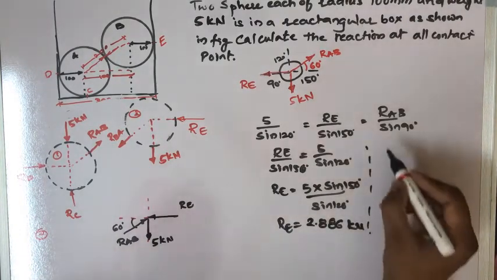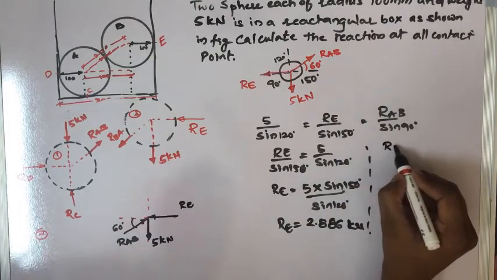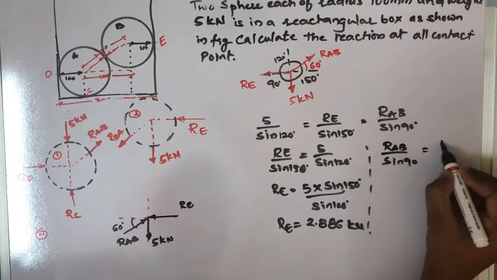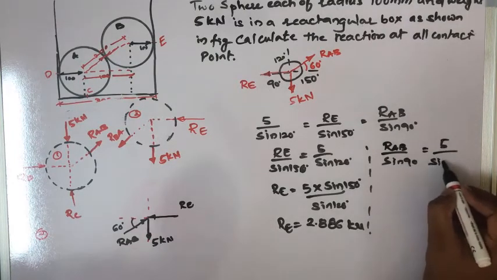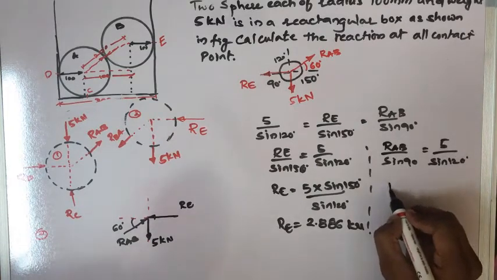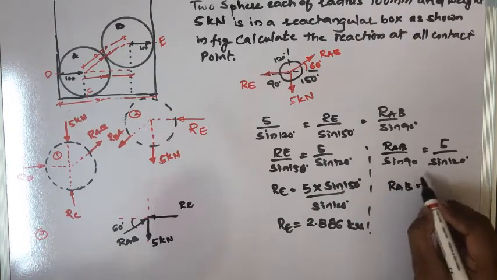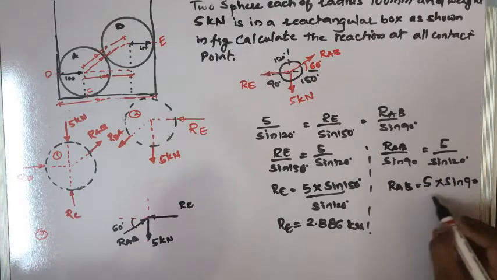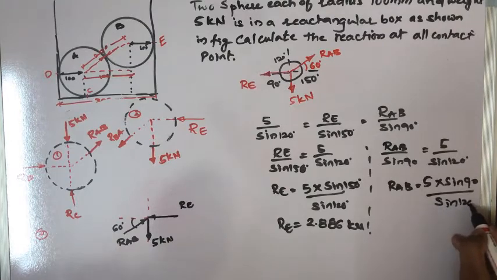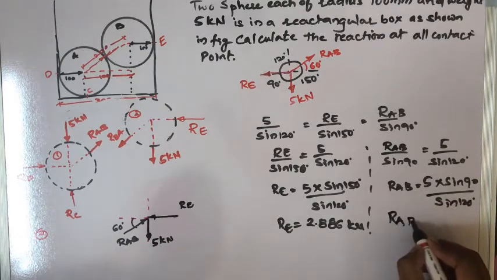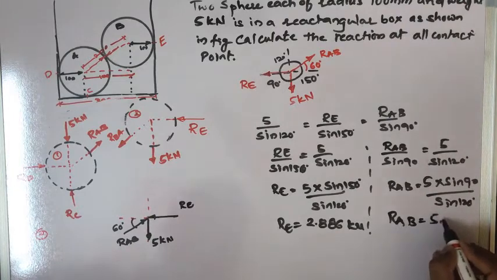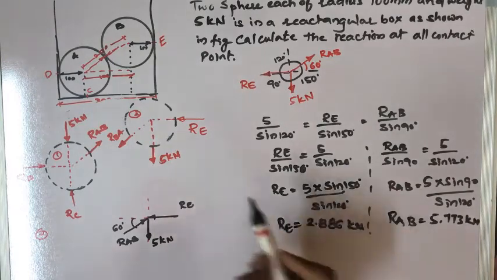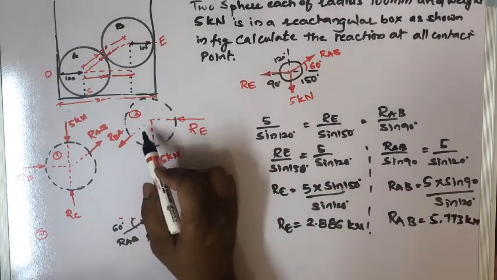Similarly, for RAB: RAB over sine 90 degrees equals 5 divided by sine 120 degrees. So RAB will be 5 into sine 90 divided by sine 120. The RAB value I get is 5.773 kilonewton.